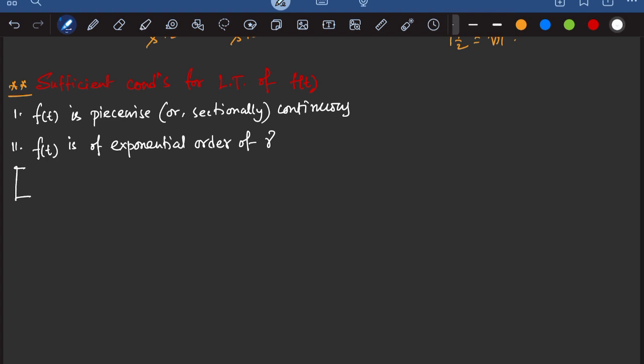What is the meaning of exponential order? First you need to know. That means there exist m and gamma such that, basically that kernel part, f(t) is less than m e power gamma t.